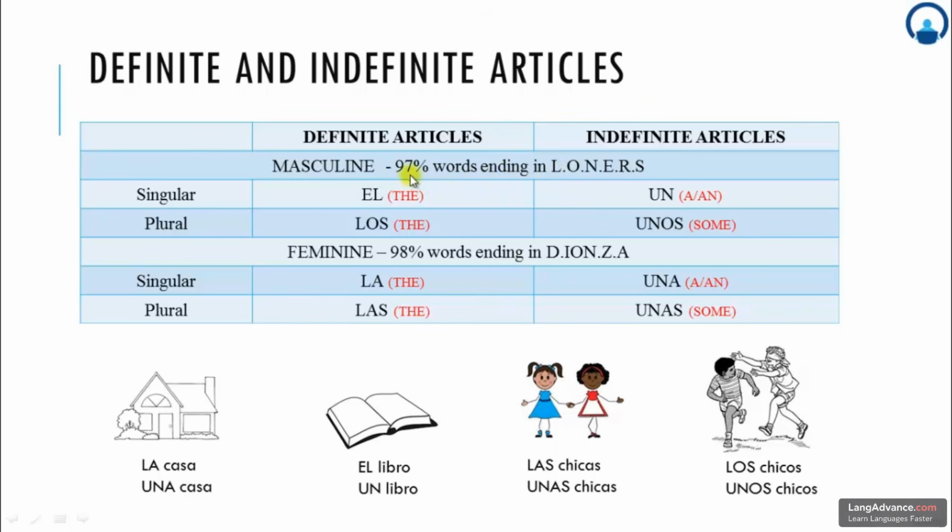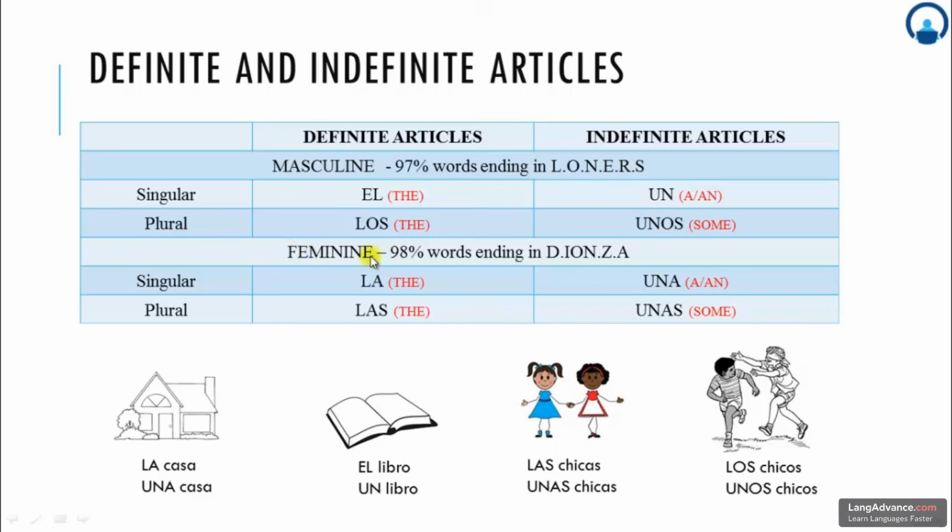The rule is 97% of the words ending in L, O, N, E, R or S. If any word is ending in one of these letters, it is a masculine noun. That's for 97% of the cases. There are few exceptions, but this is seen generally.